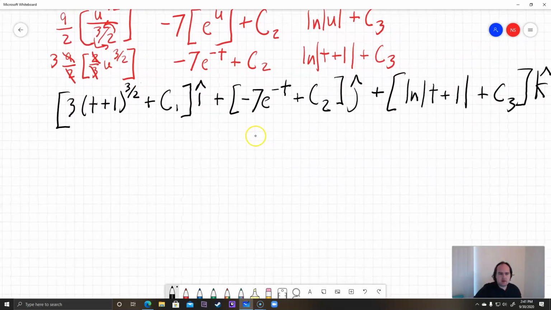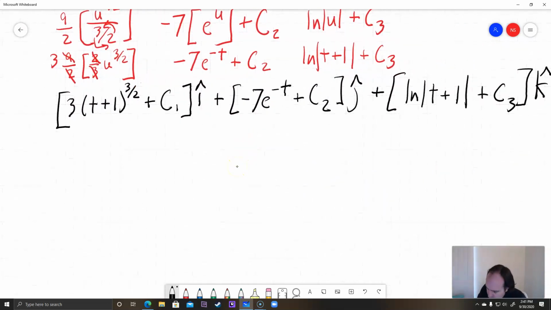So this right here that we found, this is actually r of t. But the problem is you can't leave constants that are abstract like this. You can't leave C1, C2, and C3 in your answer. You actually have to find the numbers for C1, C2, and C3. And that's where you use your initial conditions.